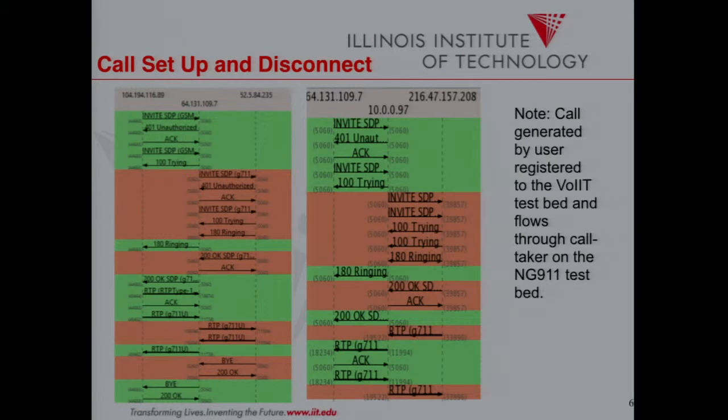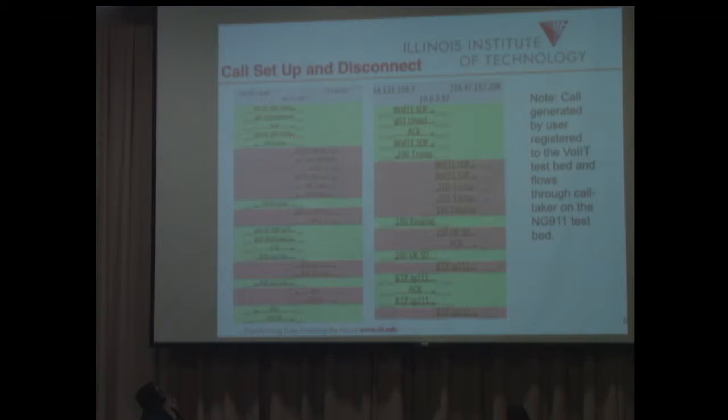So if you guys notice all the way up there, that is our user agent, and he sends an invite to our voice over IIT main server, who's here, who then goes through the whole process of making sure that he's authorized and everything else.